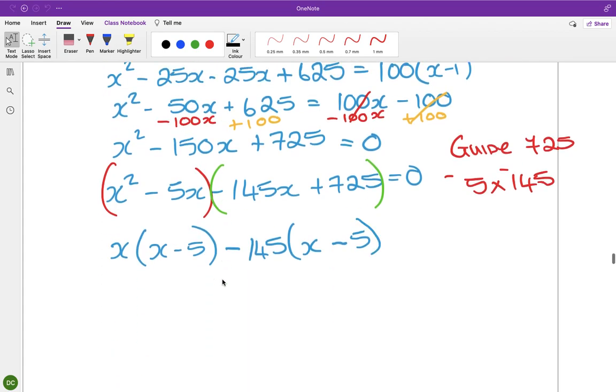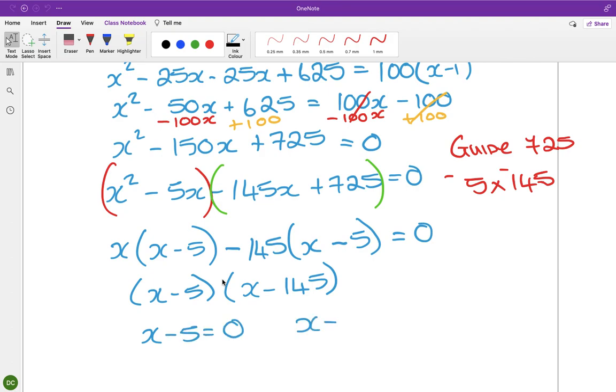Write down the matching brackets, which is x minus 5, and then the highest common factors, and then let each bracket equal 0. So plus 5, plus 5, plus 145, plus 145. So x is 5 and x is 145.